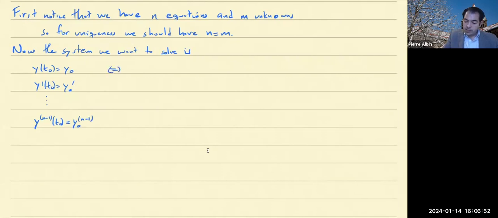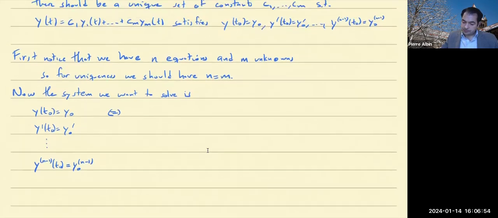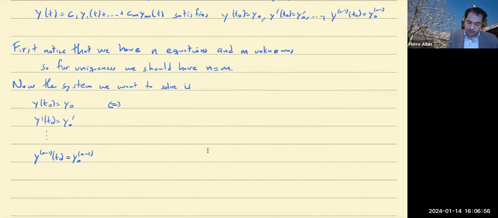Okay, if we plug in that our function y is given by this, then what this first equation says is C1 y1 of t naught plus dot, dot, dot up to Cn yn of t naught should be equal to y naught.